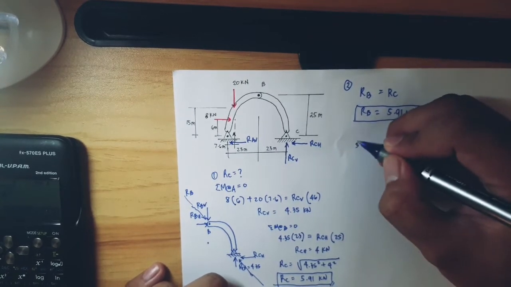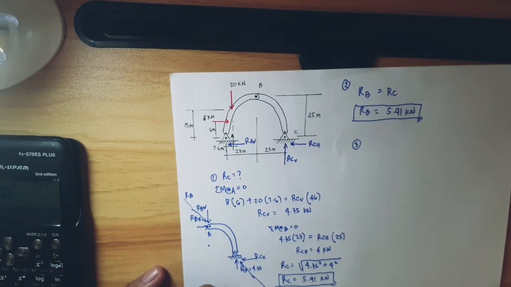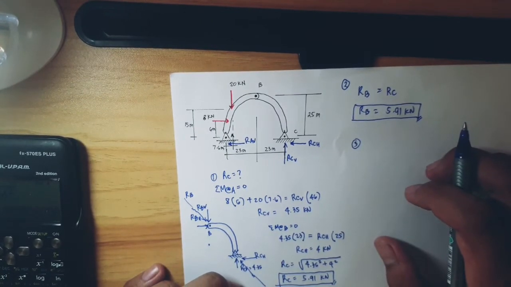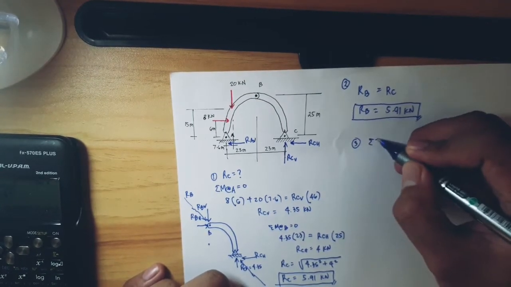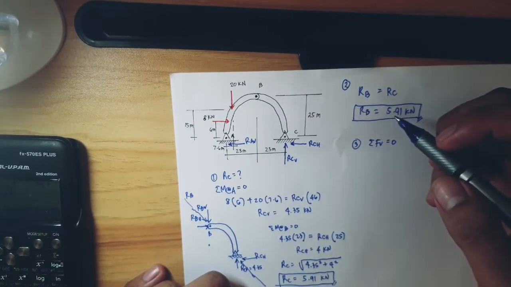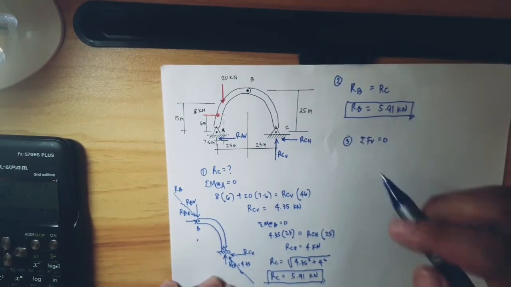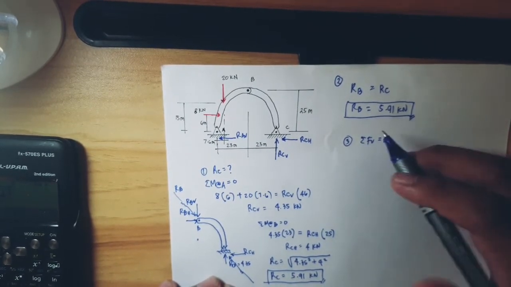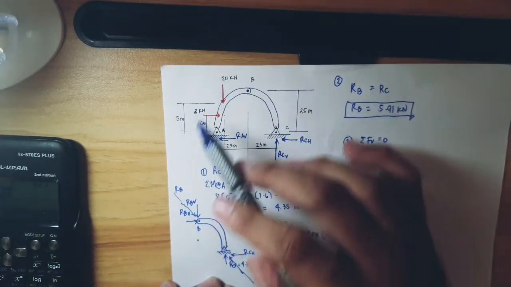Number 3, reaction at A. So, summation forces vertical equal to 0. Okay, so summation forces vertical equal to 0. You sum up kag moment using the entire structure.